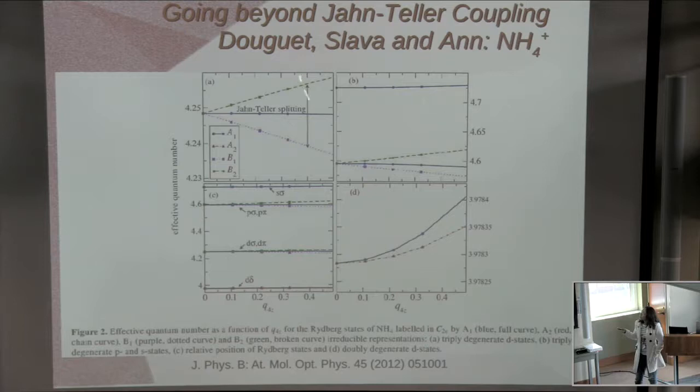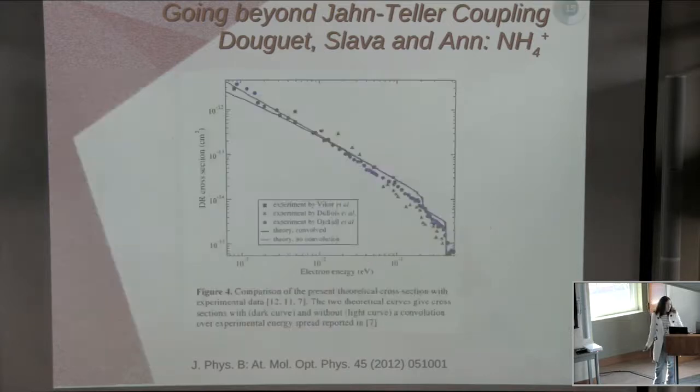You can see that the pi components are coupled via Jahn-Teller splitting, while the sigma component doesn't couple to anything. They also take into account not only the Jahn-Teller splitting, but also the coupling between other states. They obtain this cross-section here with two drops that correspond to two vibrational modes with quanta 1, again in agreement with the experiment.